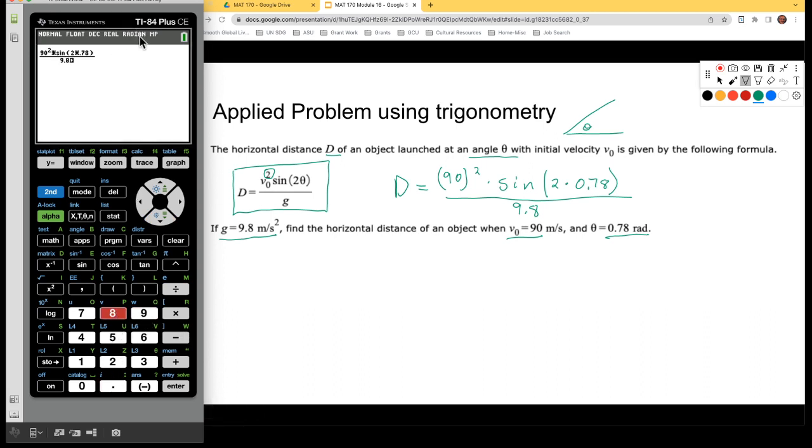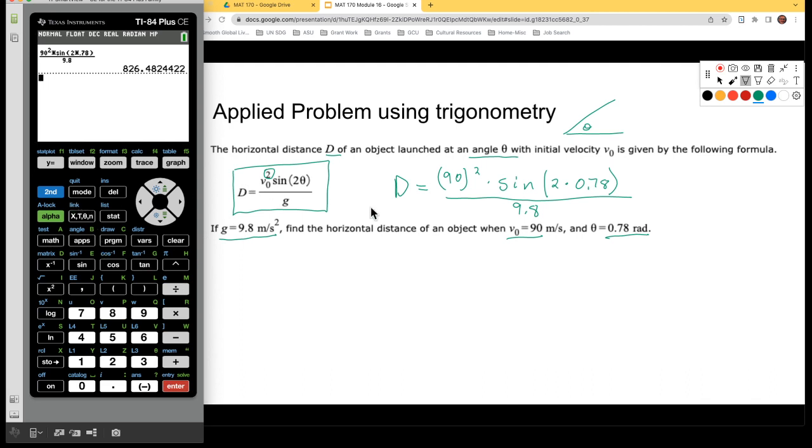Make sure we're in radians. If we weren't, we'd want to switch back. Always do that check whenever you're doing this, because if we're in degree mode, it'll give us an answer, but it'll be incorrect because this is not degrees. Okay, and then we just hit enter.